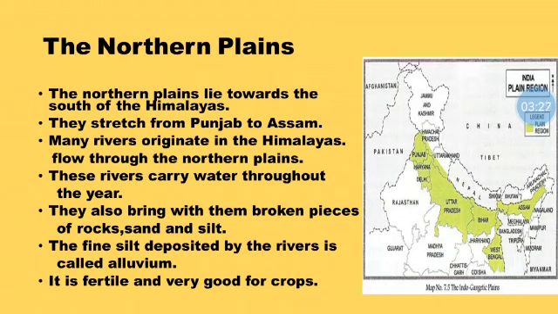This potassium and humus make it very useful in agriculture. When we use this alluvial soil in our agriculture, our crops grow very well, and the production of the crop also increases. So alluvial is a very fertile soil.